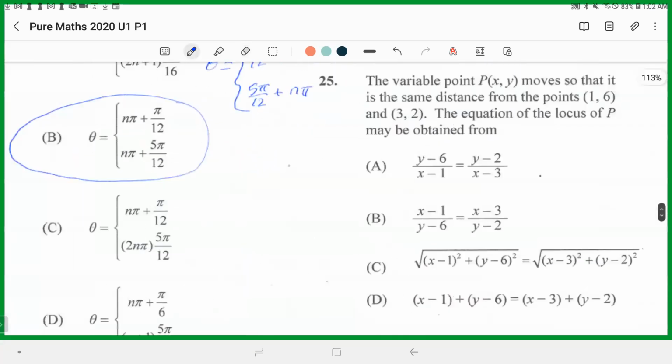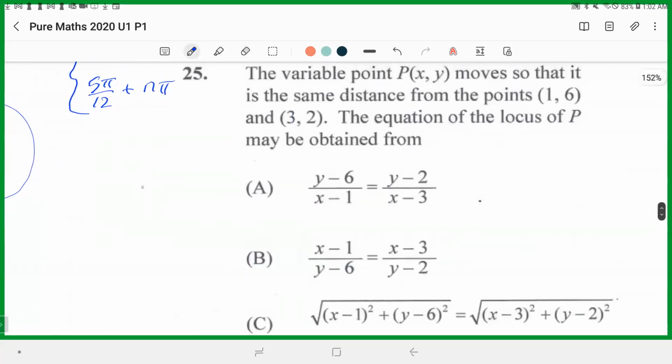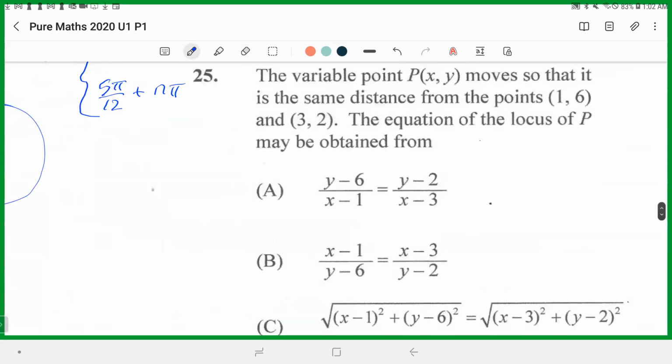What it means is that the point (x, y) to (2, 6) is the same as (x, y) to (3, 2). These are equal distances.